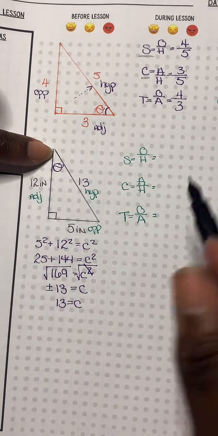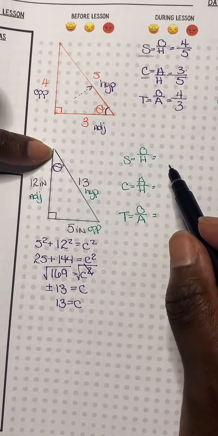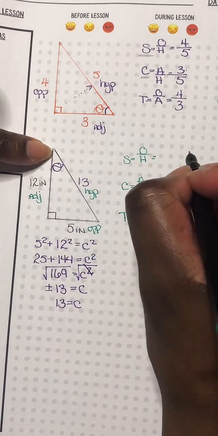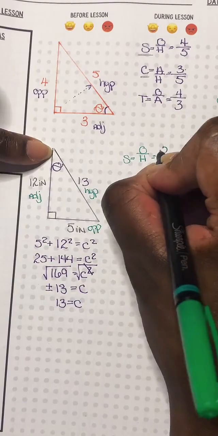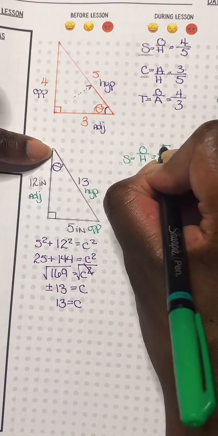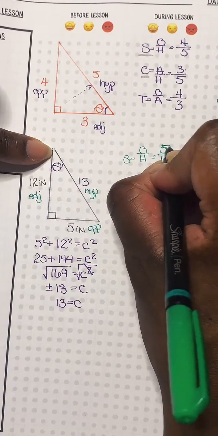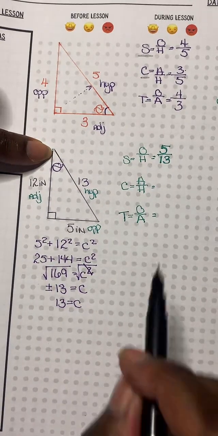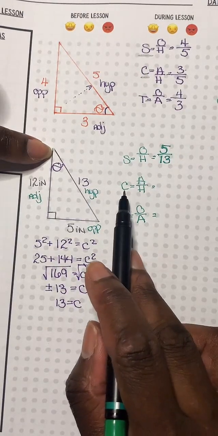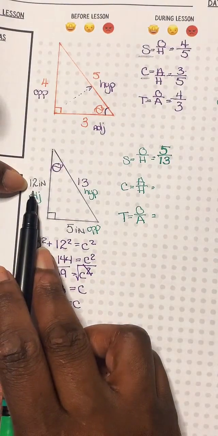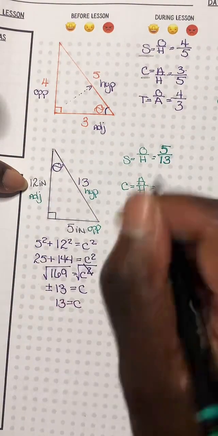All right, so for sine, we're saying opposite, which is 5, over your hypotenuse, which is 13. Your COA is your cosine, which is your adjacent, which is next to, over your hypotenuse.